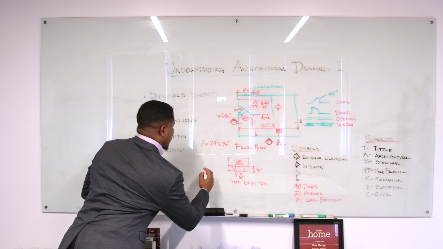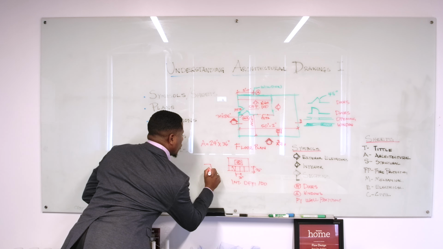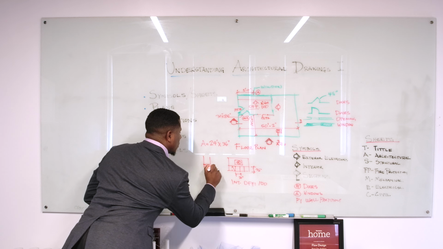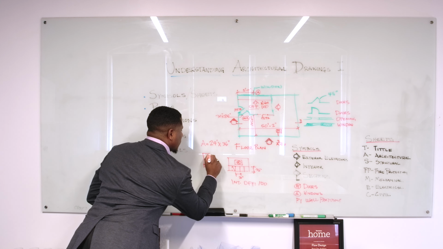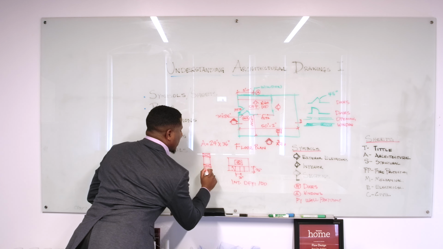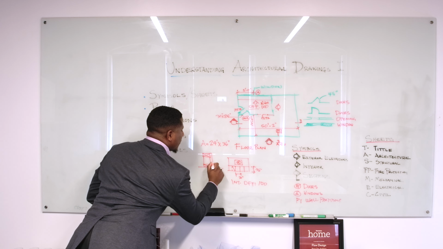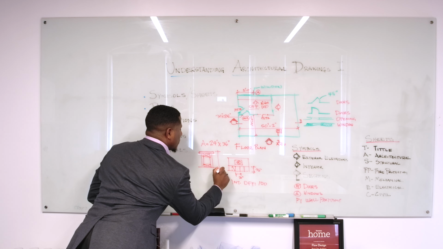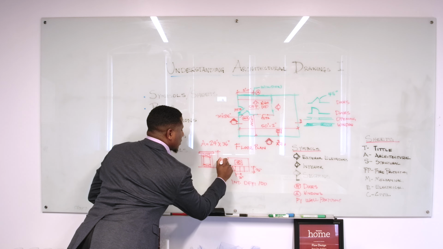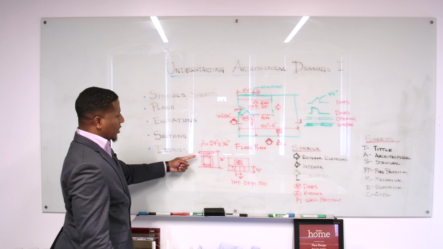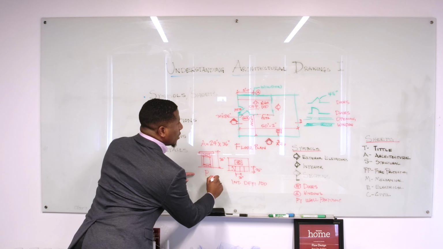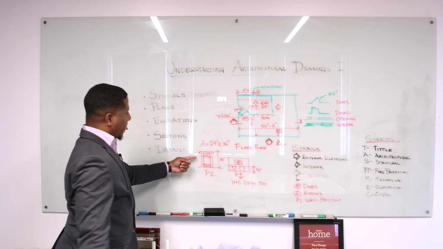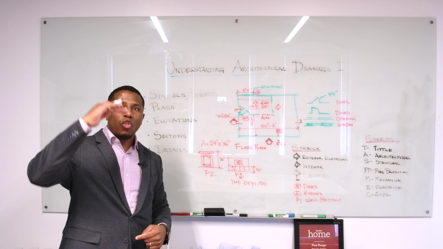Let's say you have an opening, and that partition type, instead of being 2 by 6 for the exterior, maybe that partition type is 36 inches. Let's imagine this partition type is P2. This partition type doesn't go all the way to the ceiling.